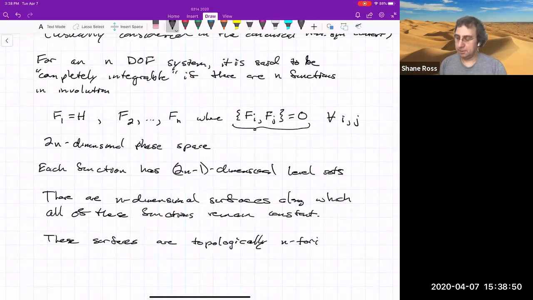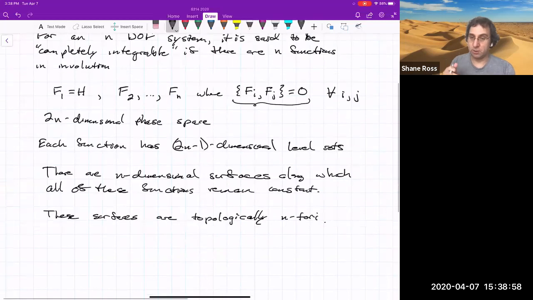So that's why I've gone on and on about tori. So you don't need to even know what these functions are. It works the other way too. If you know that there are topologically tori present, then there must be some functions, whether known or not, in involution, n functions for your n degree of freedom system.